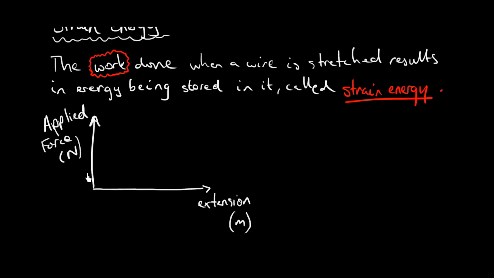then if we look at what happens when you increase the force on a wire or on any material, but here we're talking about the wire, what happens is that as you increase the force, the extension becomes larger. And this is proportional for a certain amount of force, but after a while it goes away from proportion.